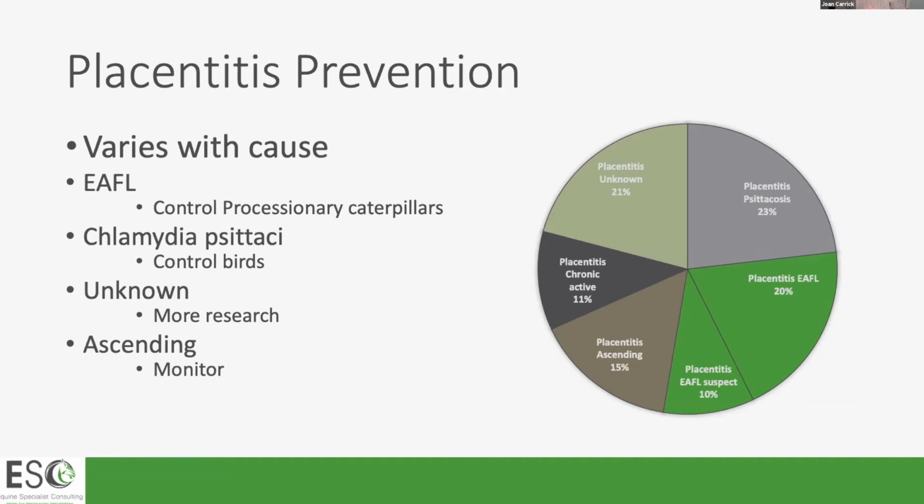And then if you know the causes, you have a much better chance of figuring out a prevention program. Then the last two, ascending placentitis and the chronic active or focal mucoid, are both causes of placentitis that I think are most effectively prevented by monitoring the individual mare and treating when you detect a problem.